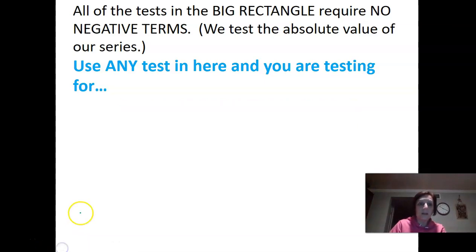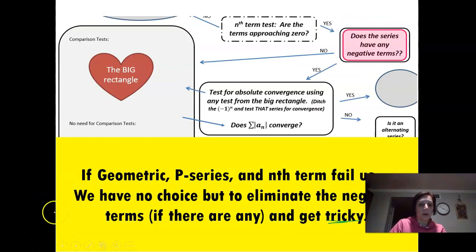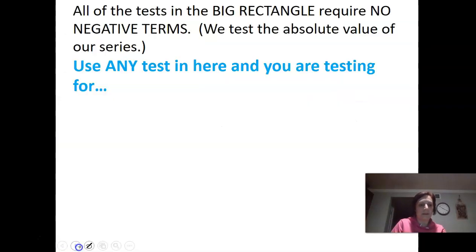If you would like, you can go to your big rectangle and write on there that you are testing for absolute convergence, like maybe up here somewhere. Testing for absolute convergence, right? Only if it passes a test in there, we say it's absolutely convergent, that it converges absolutely.